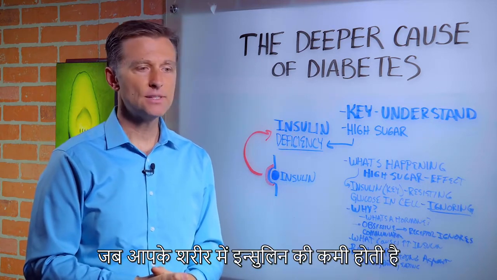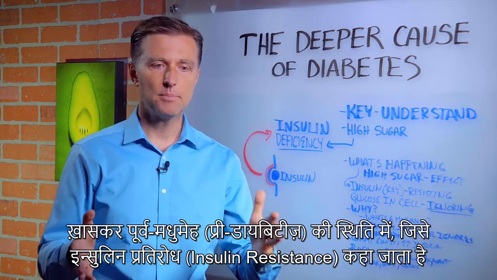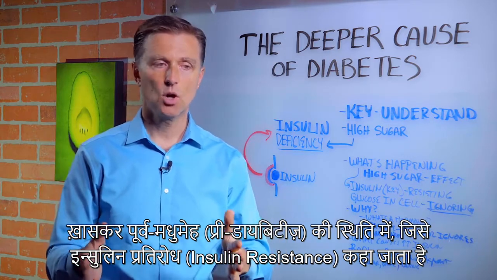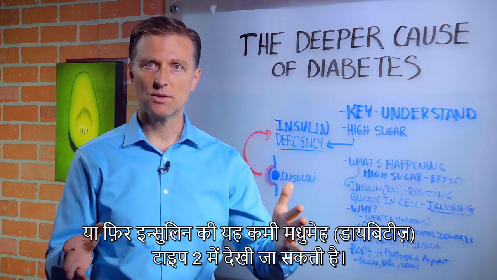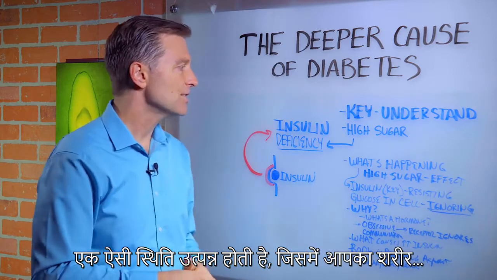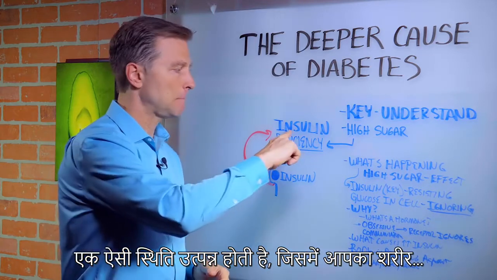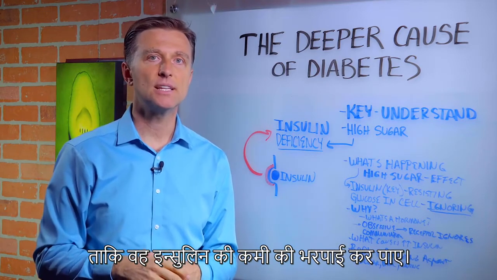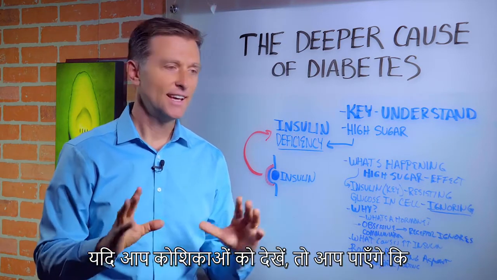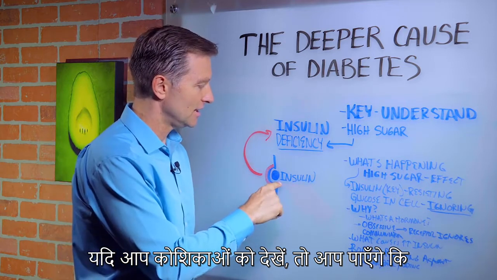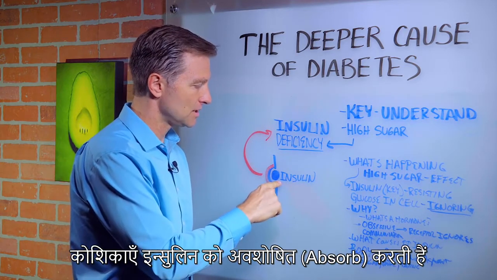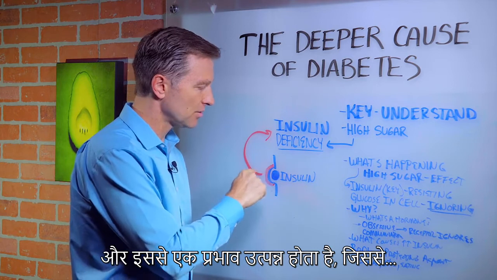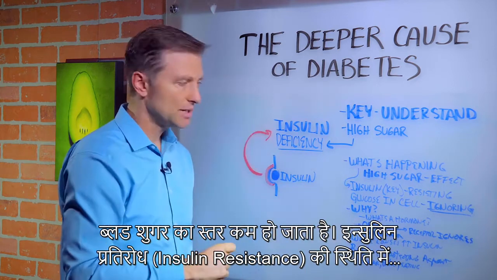And when you have insulin deficiency, especially in a pre-diabetic state called insulin resistance, or just diabetes in type 2 in general, you have a situation where your body makes more insulin to compensate for the insulin deficiency. Okay, so if you look at the cell, it absorbs insulin, and it's supposed to then create an effect of lowering the blood sugar.